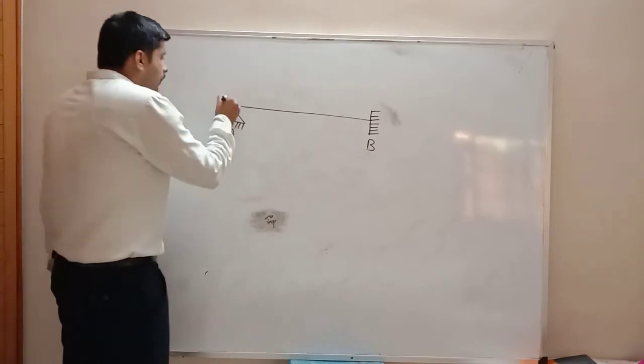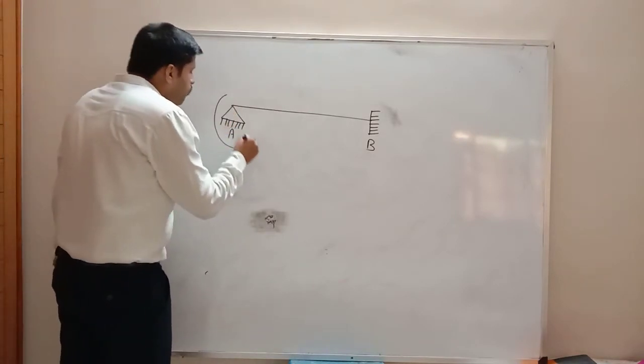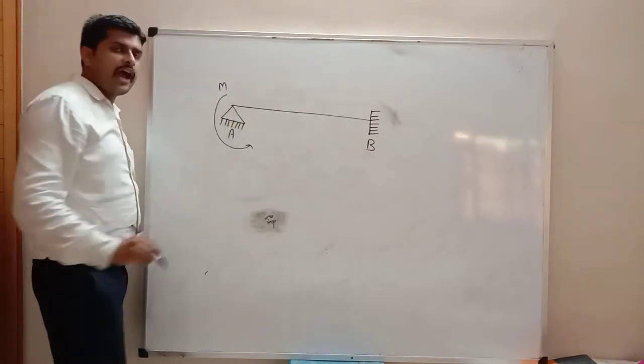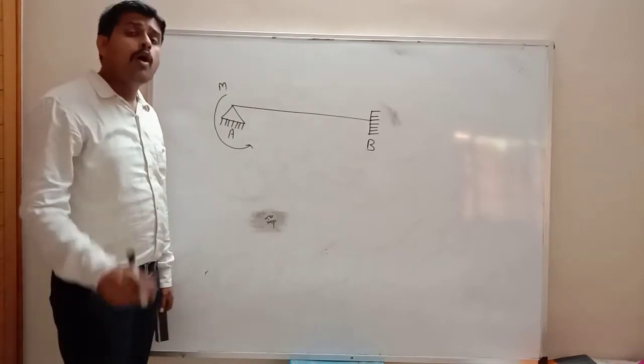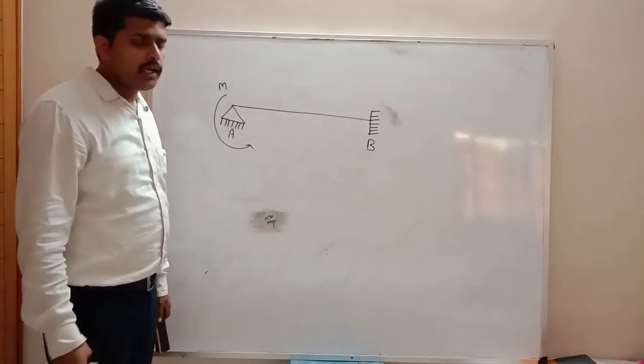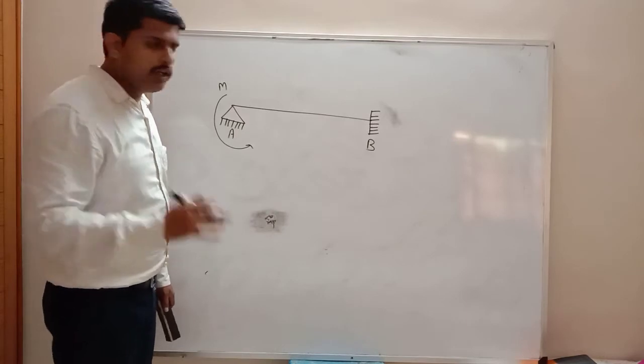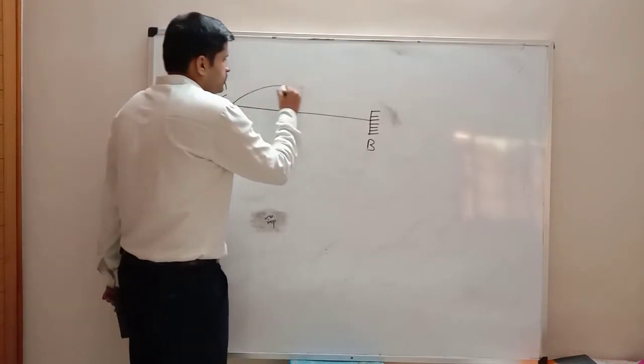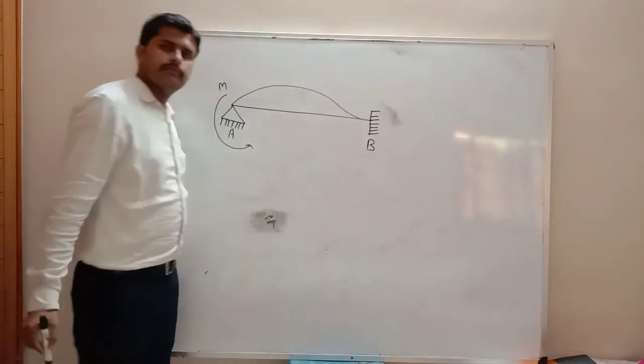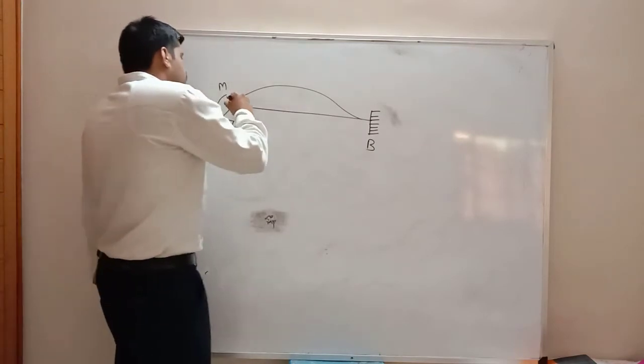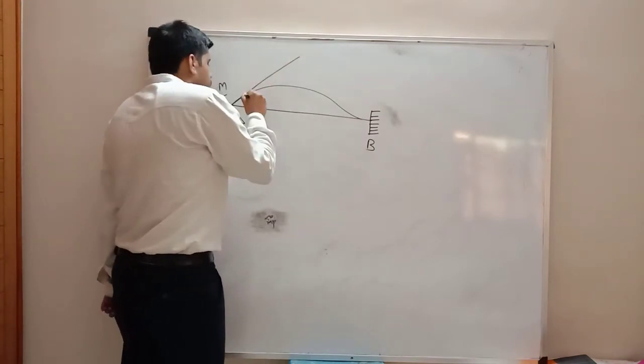If I applied moment M at joint A, what will happen? The beam will rotate like this with an angle theta.